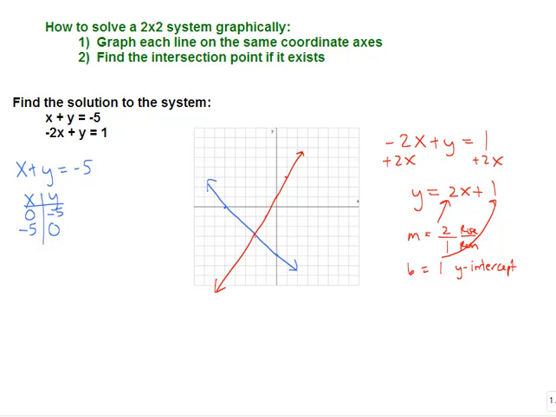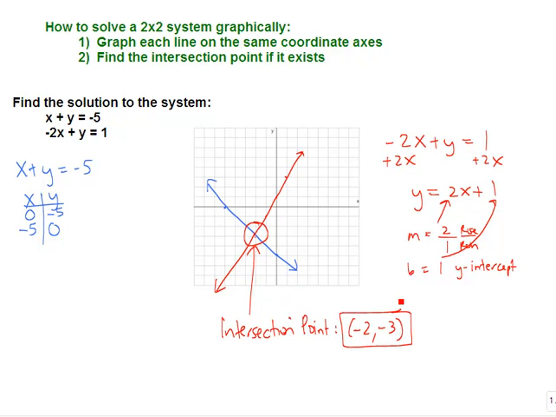And what we're looking for when we graph a system of equations like this, the solution is going to be the intersection point, which we can see right here is going to have coordinates -2, -3. So -2, -3 would be your solution.